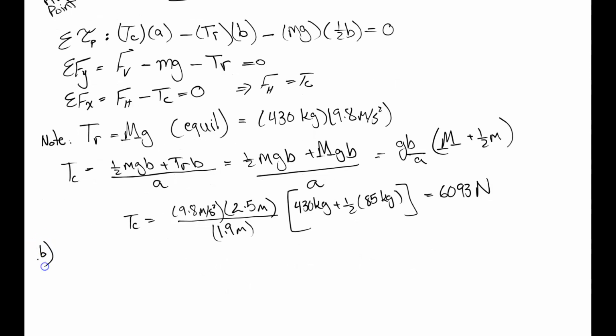In part B, we're asked to find the components of the net force from the hinge. So notice that F sub H equals T sub C, which in this case is 6093 newtons.